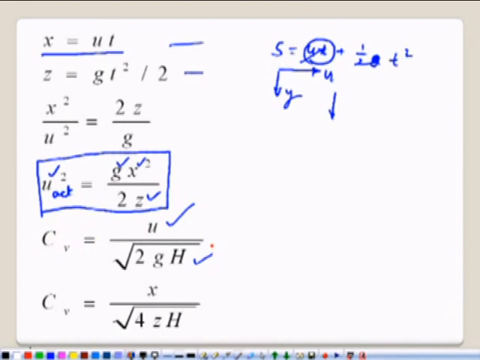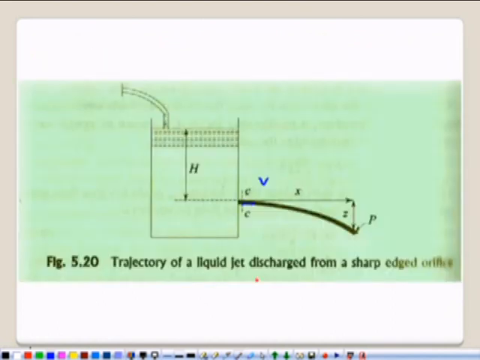And what is the theoretical velocity? We have studied that the theoretical velocity v or u, whatever we want to call it, is only in the x direction. It is related to this h, which is kept constant in a tank, and this v is equal to root of 2g h.